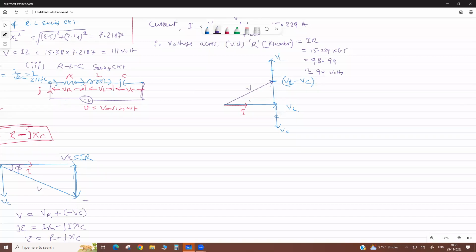okay, so this will give you V. Now this is the phase difference between voltage and current, phi.